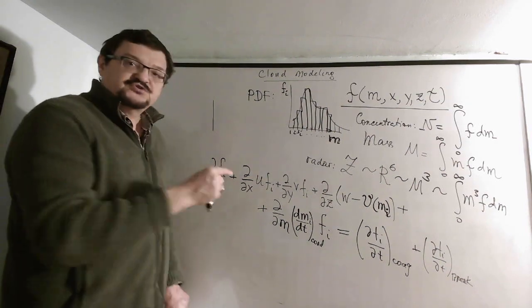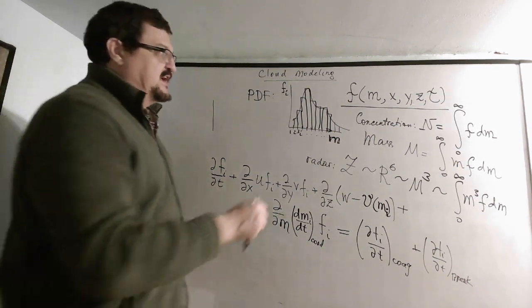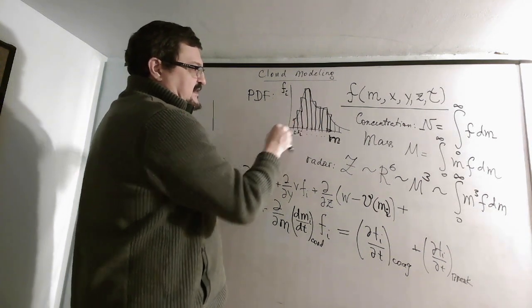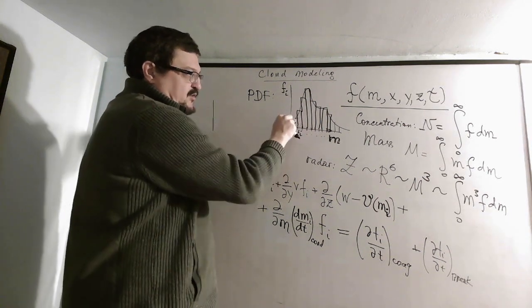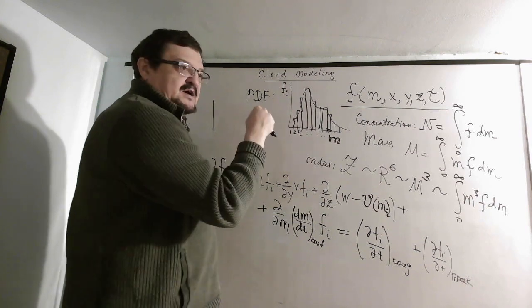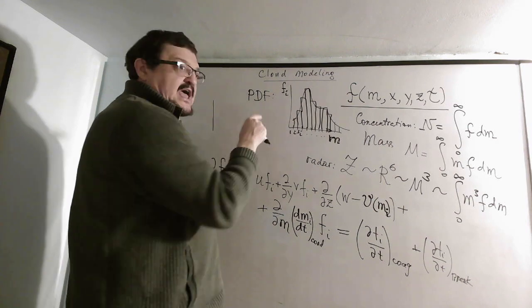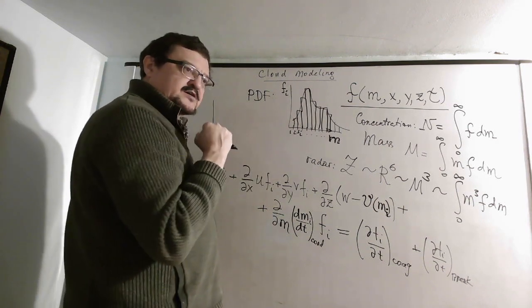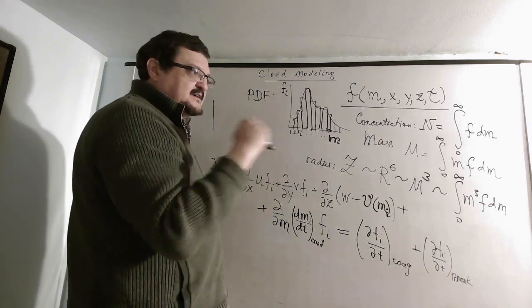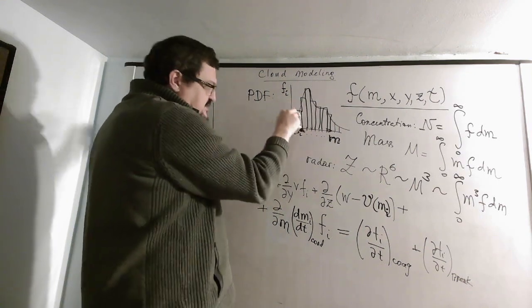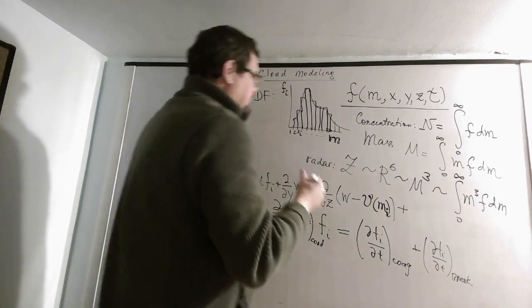Somehow you need to initiate these particles, right? Some of these bins, the small ones for small masses, should be created by, for example, aerosol particles soaking in some water and becoming cloud droplets, and they need to be added to that.